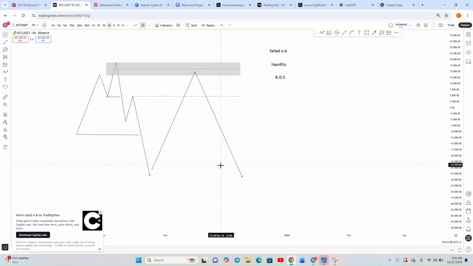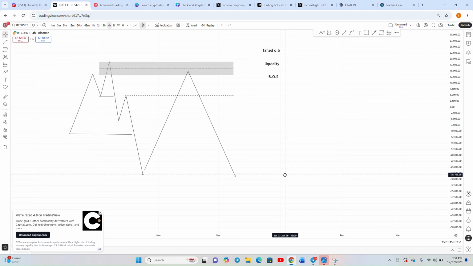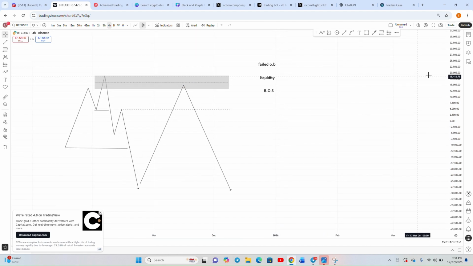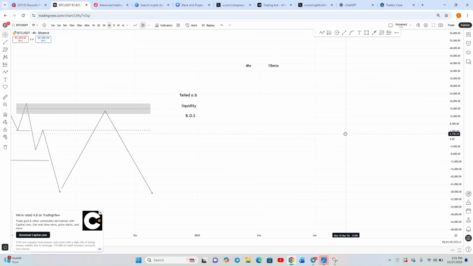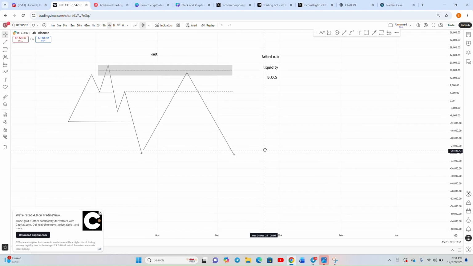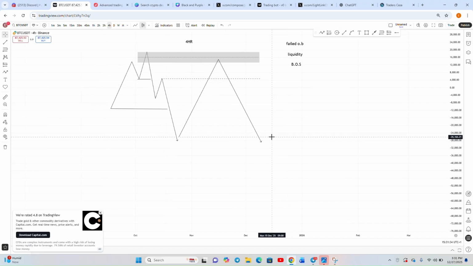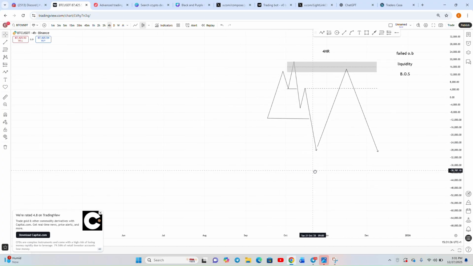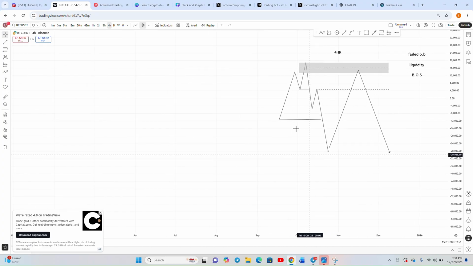This is a bearish scenario, and mind you, we're still on the 4-hour.